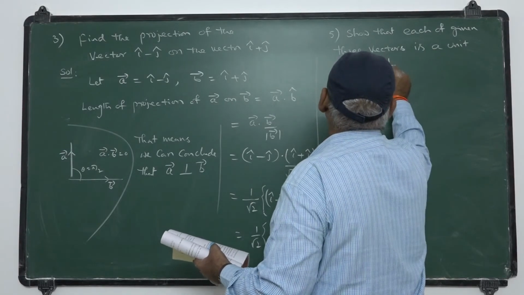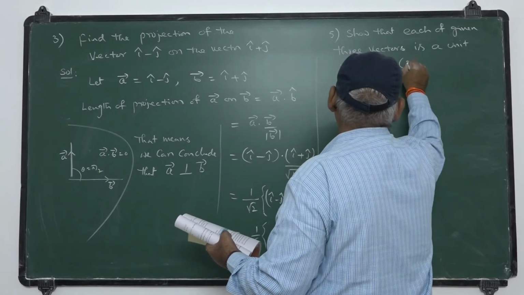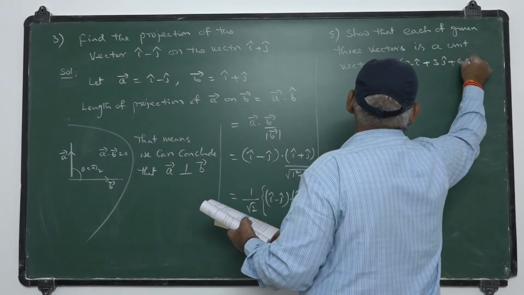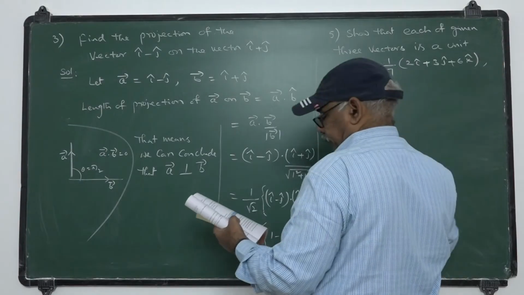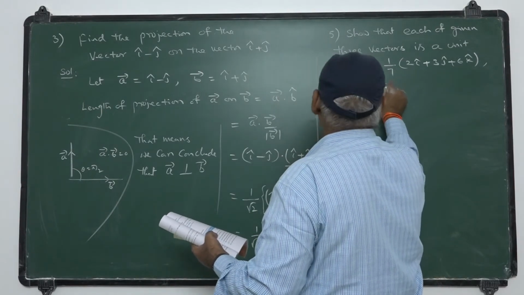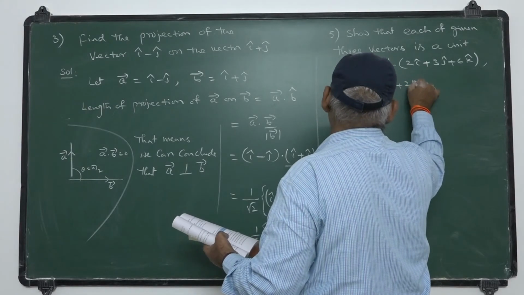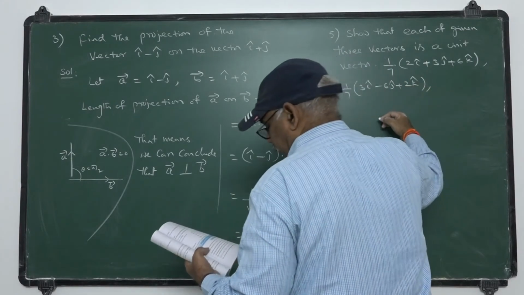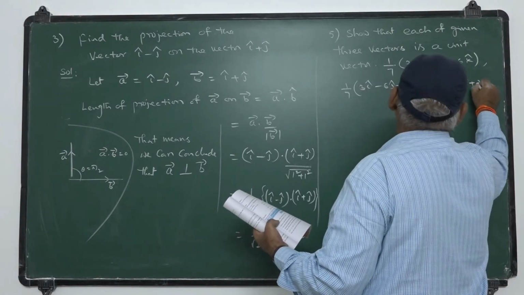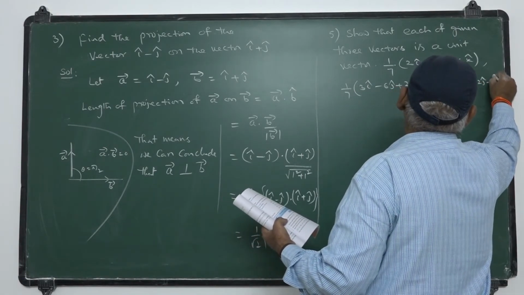The vectors are 1 by 7 into 2i plus 3j plus 6k. This is one vector. Similarly, 1 by 7 into 3i minus 6j plus 2k. This is the second vector. 1 by 7 into 6i plus 2j minus 3k, the third vector.